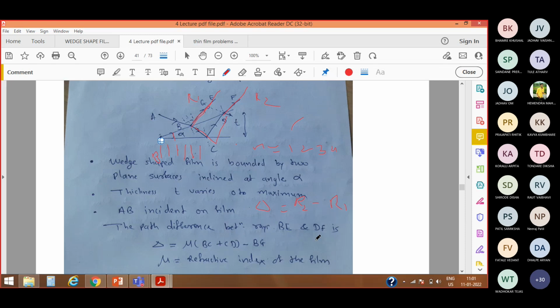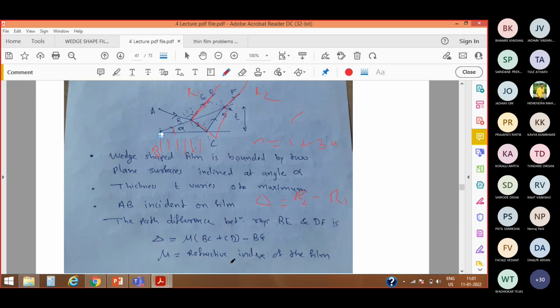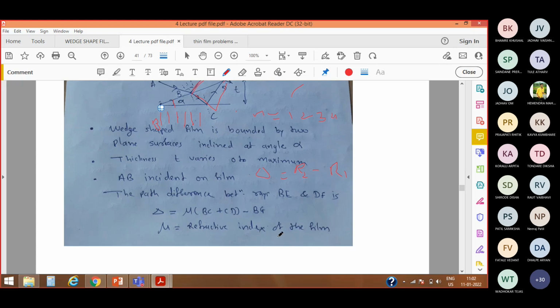So the path difference between the two rays BE and DF is R2 minus R1, equal to this. Mu is the refractive index of the film. There is a film of air between the two glass plates, so that is the refractive index of air.